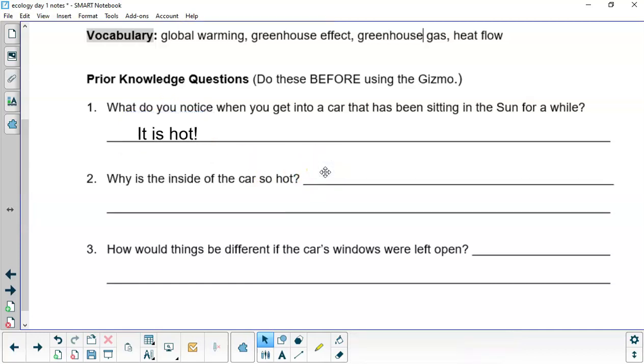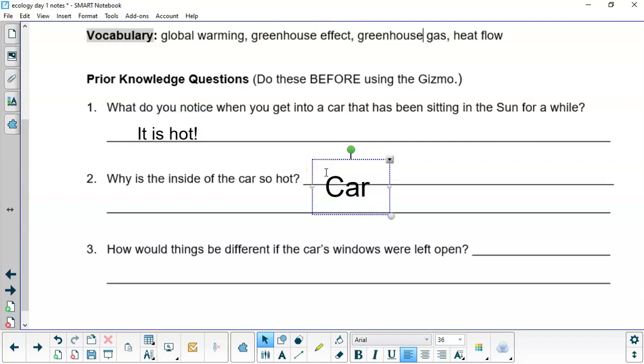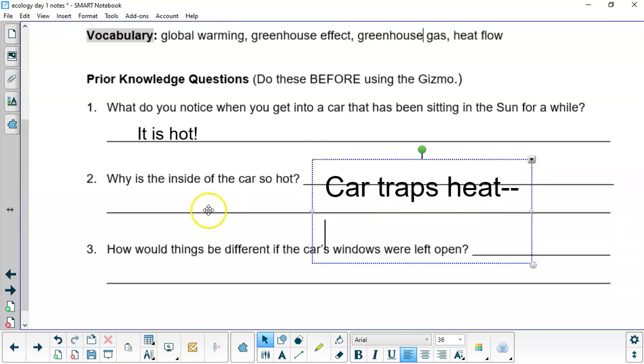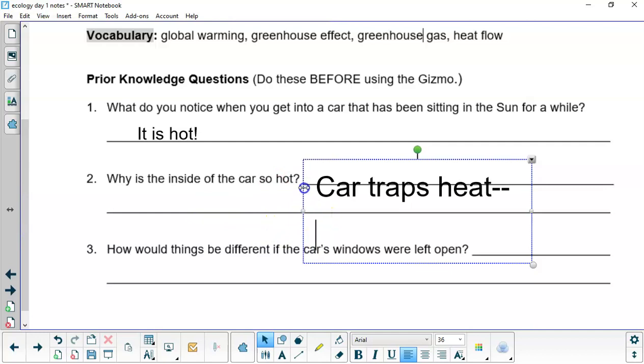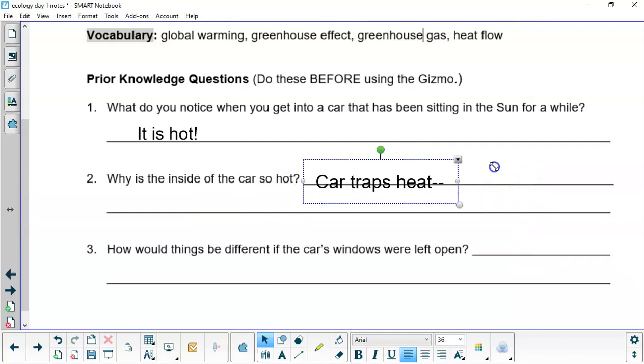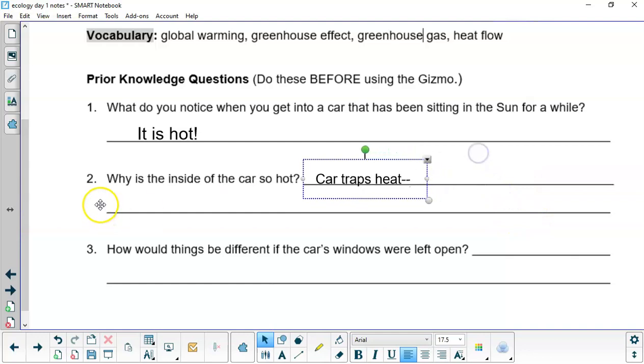And the reason is the car traps heat. Okay, so what that means, let me try to make this a little neater here. So the car is going to trap heat.